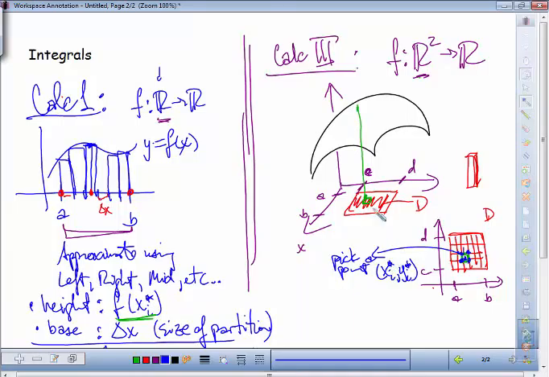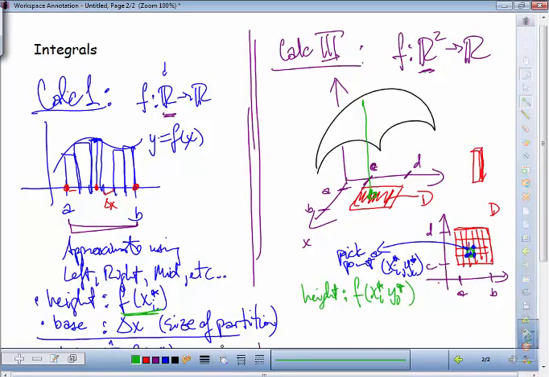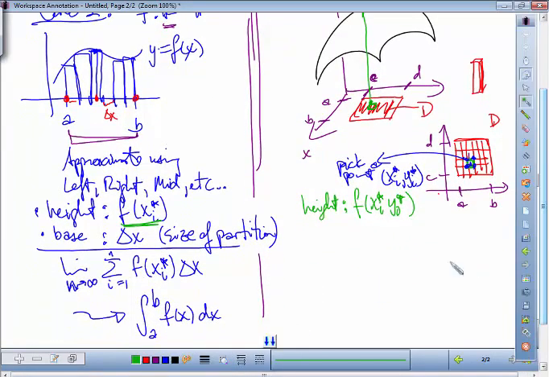And then we're going to put that into the function to get our height. Now, the base is dependent on two measures. It depends on an x measurement and the y measurement. So let's take a look at that and blow it up a little bit.